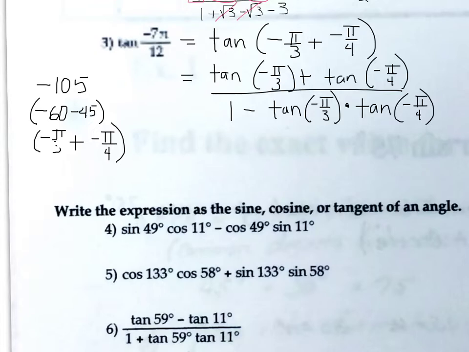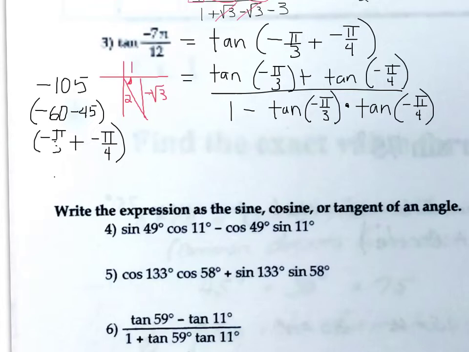So, let's see. Let me draw the triangles. The angle is negative, so I have to go down to the fourth quadrant, and that's negative 60. So that would be negative square root of 3, 1, and 2.